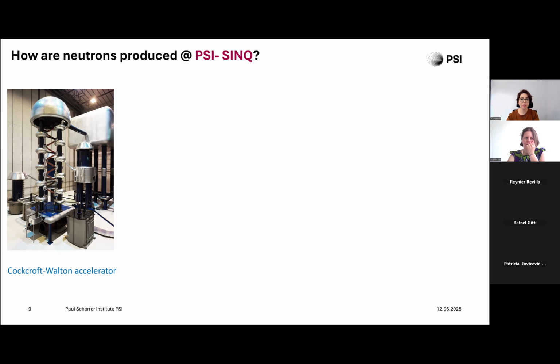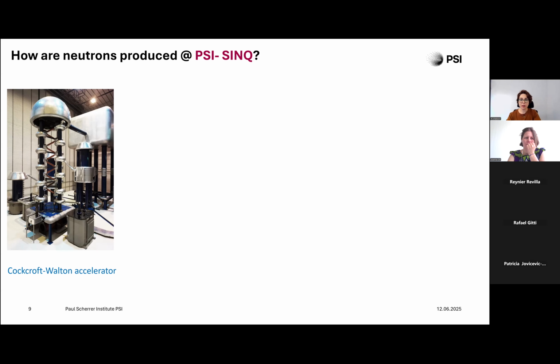We start with a classic Cockcroft-Walton pre-accelerator. First, hydrogen gas is fed into an ion source where a hot cathode or RF plasma strips the electrons off the molecules to produce protons.